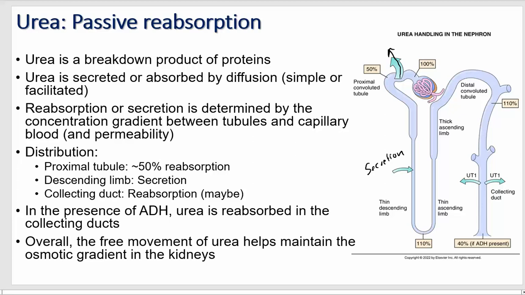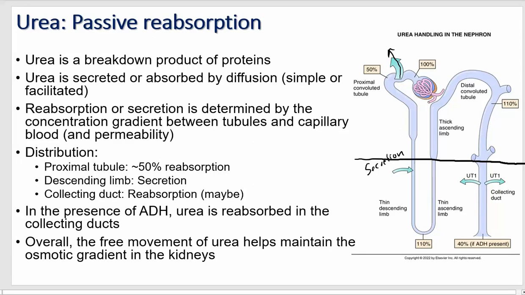So the thing to pay attention to is that movement of urea is really down deeper in the medulla. Okay, so the secretion is happening here in the loop, and we see reabsorption that's happening down here lower in the collecting duct. Okay, so the proximal tubule 50%, descending loop, there's some secretion, collecting duct, there's reabsorption, and it's a maybe kind of a thing.